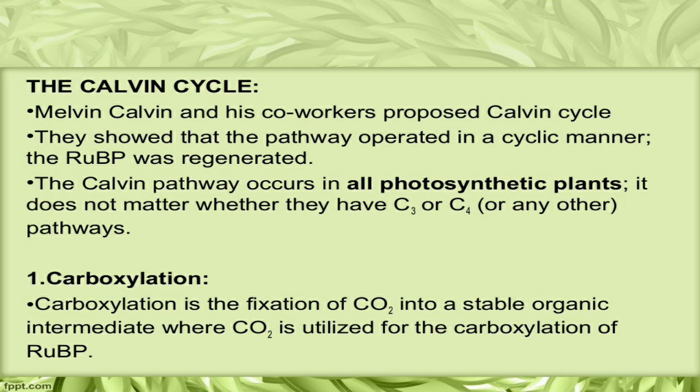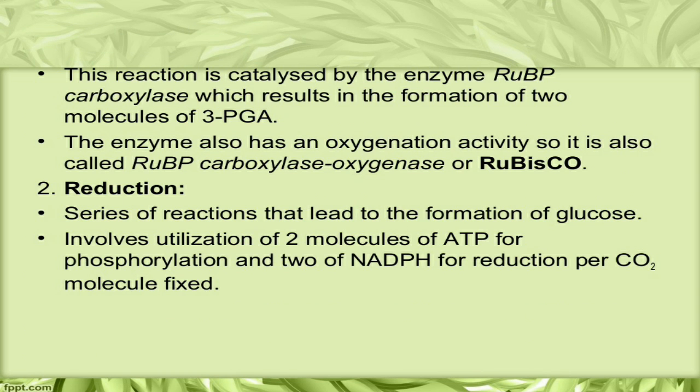Carboxylation is a fixation of carbon dioxide into a stable organic intermediate where carbon dioxide is utilized for the carboxylation of RUBP. This reaction is catalyzed by the enzyme RUBP carboxylase, which results in the formation of 2 molecules of 3-PGA. The enzyme also has an oxygenation activity, so it is also called RUBP carboxylase oxygenase or Rubisco enzyme.